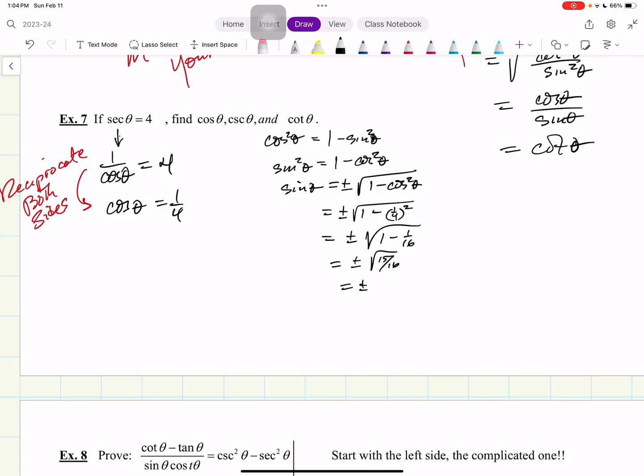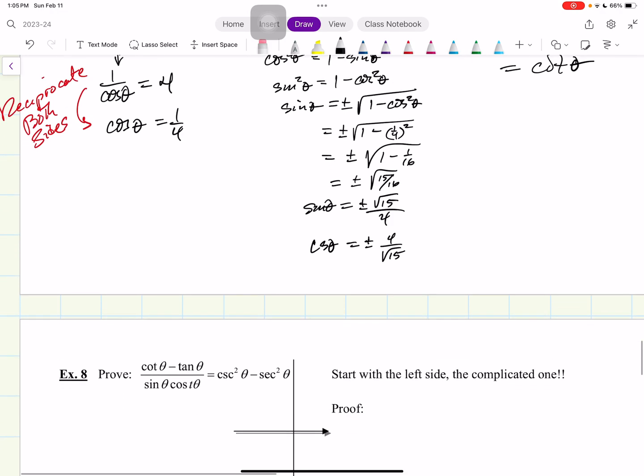So that's plus or minus the square root of 15 over 4. There's your sine theta. And then you reciprocate that to get cosecant theta, which is 4 divided by root 15.